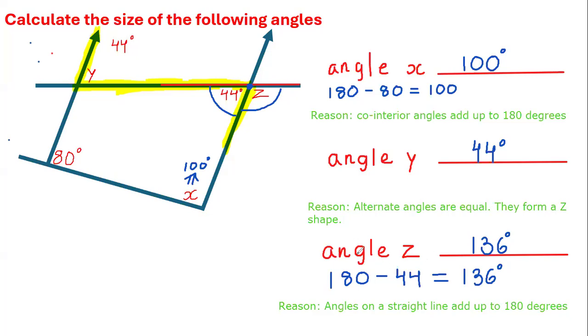Let's do angle C. How did we get angle C? You took 180 and minus it by 44. That gives us what? 136. All right, so why did we subtract from 180?